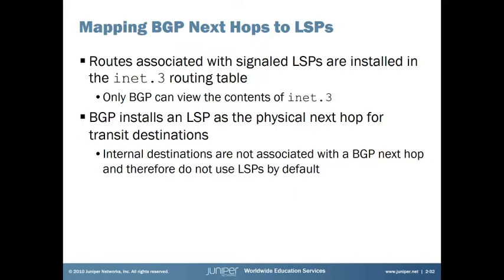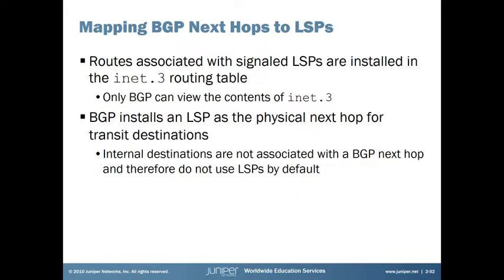Now, BGP is, as you know, involved in the process. Why is that? Because it's BGP's job to direct the traffic into the LSP. Why BGP? Well, because BGP is the protocol that's handling the routes between our autonomous systems.